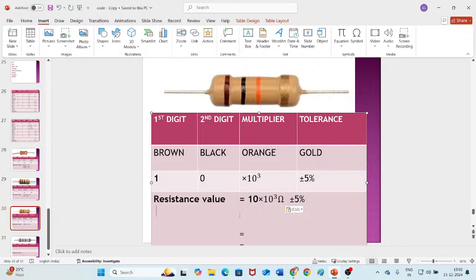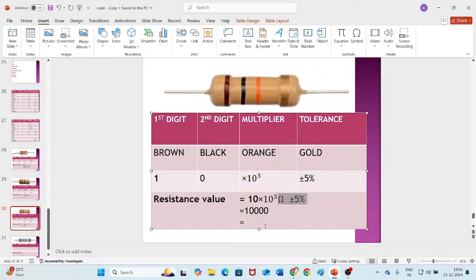So you can see here, how much is the resistance? How much is the resistance? 10 into 10 to the power of 3 means 10,000, isn't it? 10,000 ohms.